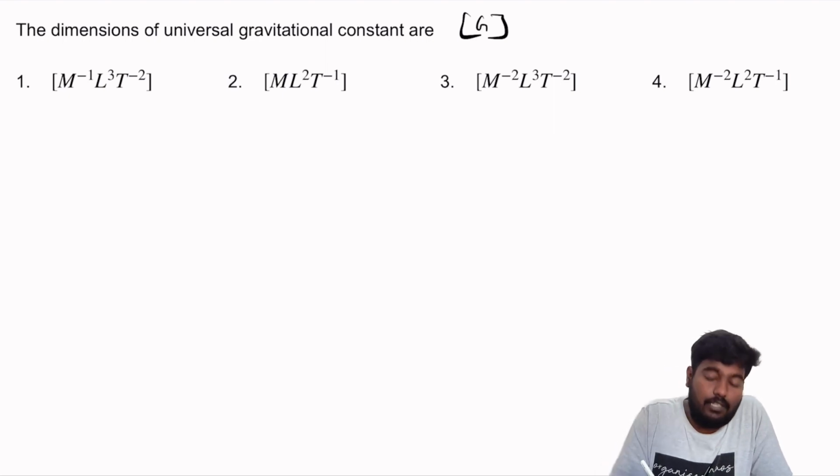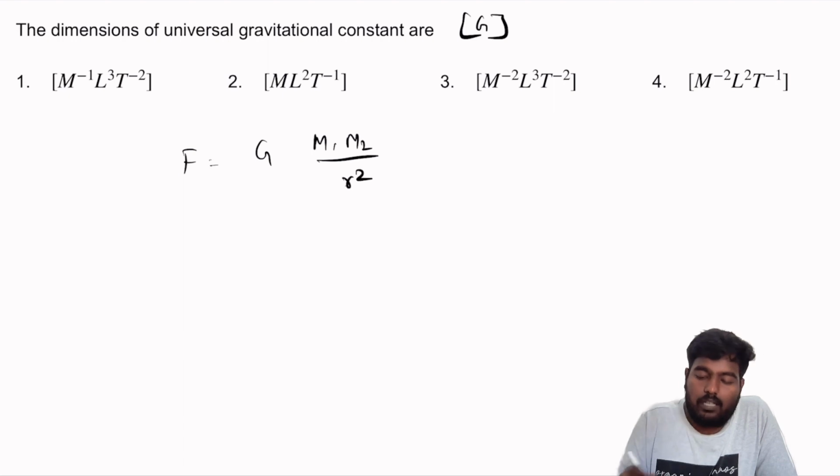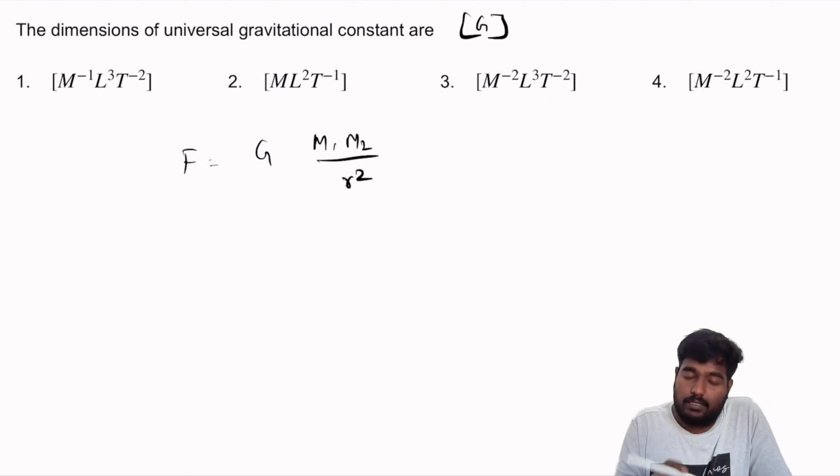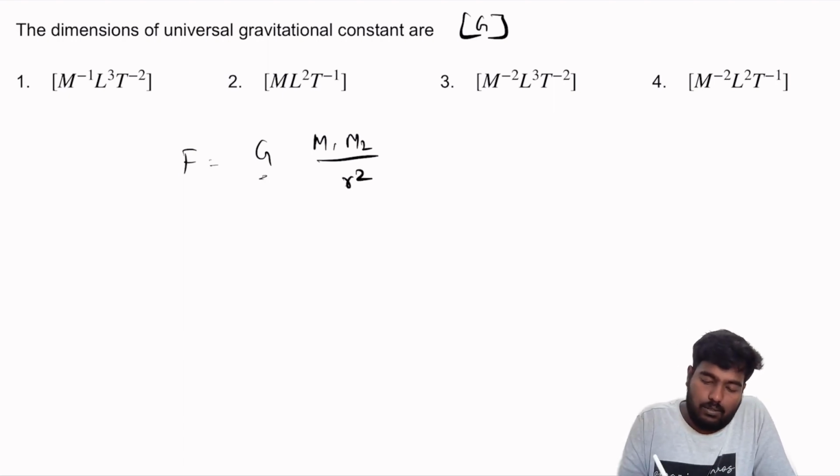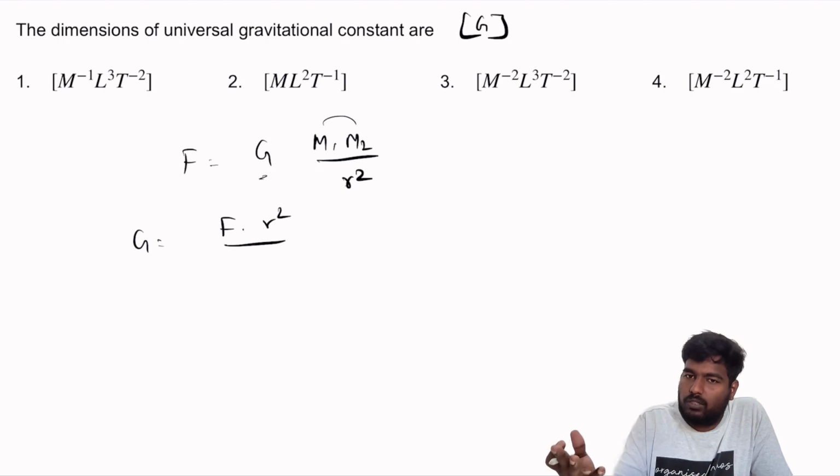Yes, Newton's gravitation. So force is G m1 m2 divided by r square. Now we want only G. So G is force into r square divided by m1 m2. Both are mass, so you will get mass square.